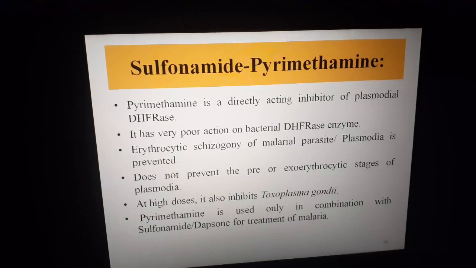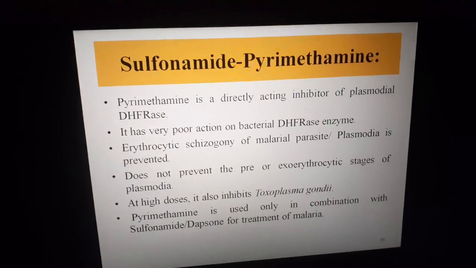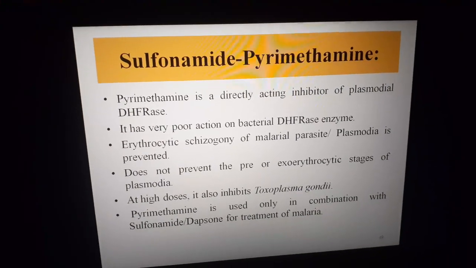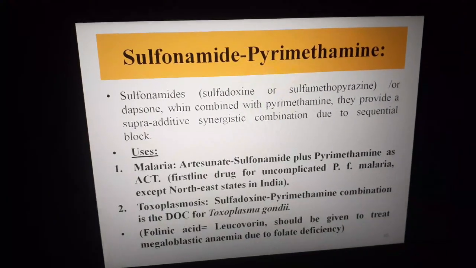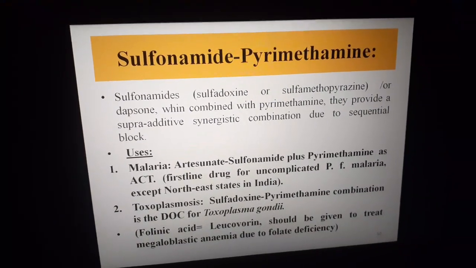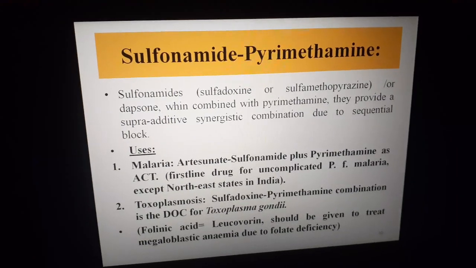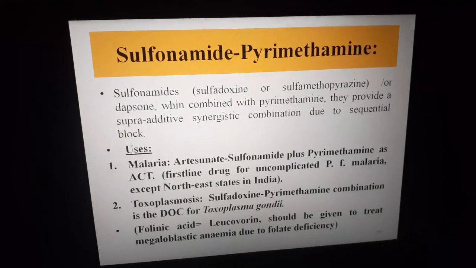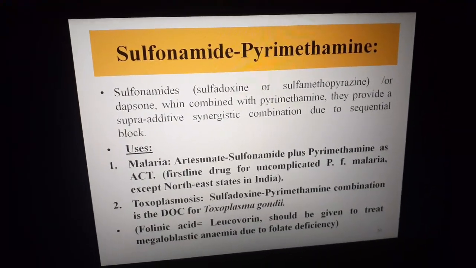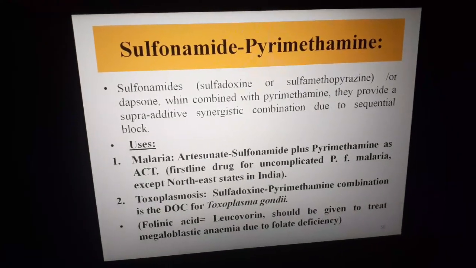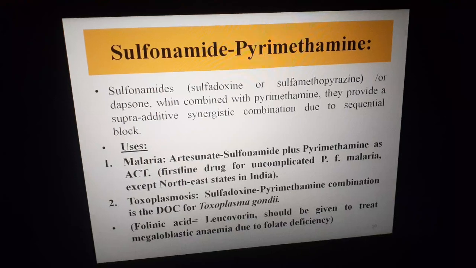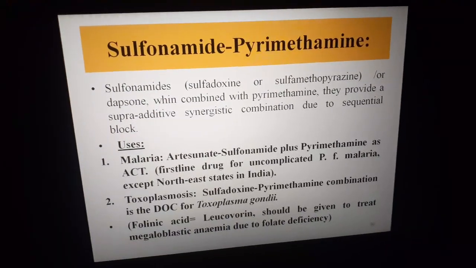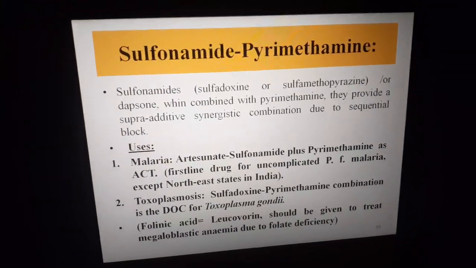Then we have the sulfadoxine and pyrimethamine combination, and this combination is used along with artesunate, and it is the first line drug for uncomplicated Plasmodium falciparum malaria except northeast states in India. It is a preferred ACT, that is artesunate plus sulfadoxine-pyrimethamine for uncomplicated Plasmodium falciparum malaria. The other indication of this combination is that sulfadoxine pyrimethamine is the drug of choice for Toxoplasma gondii.